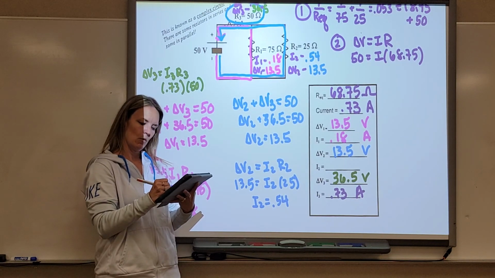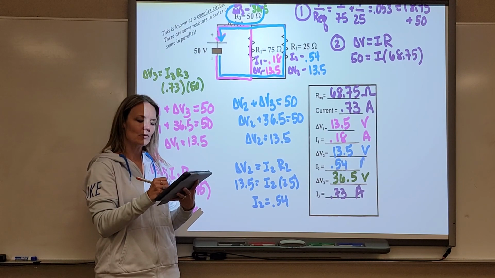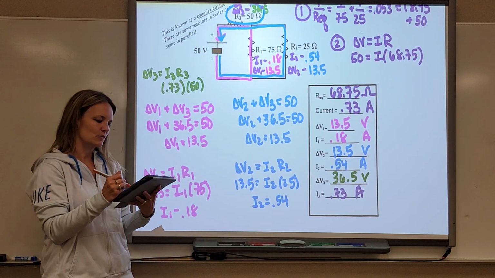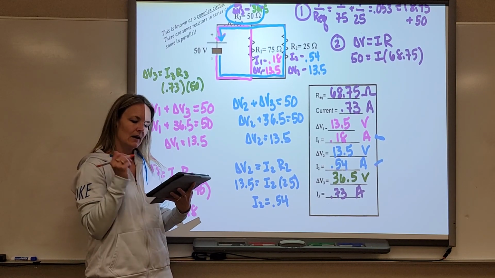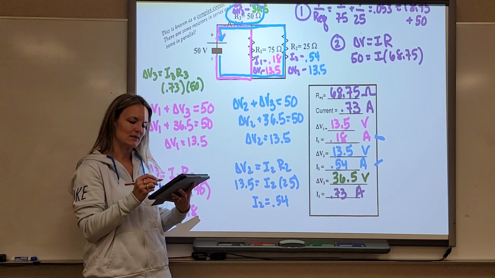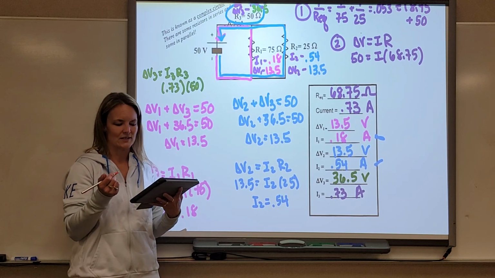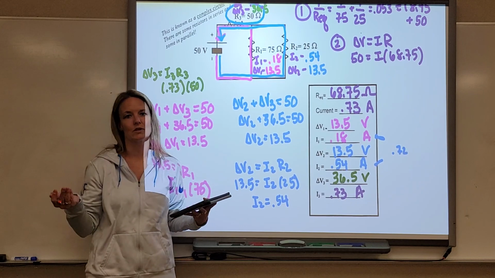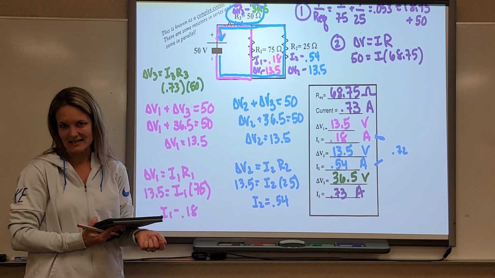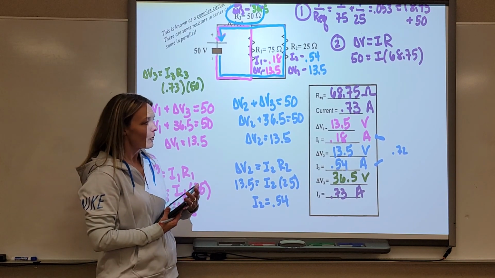You can do a quick check. Your two currents, I1 and I2, where it splits, should add up to get you close to the total, which was 0.73. When I add that up, I get 0.72. That's really close, off by 1/100, so we're good to go.